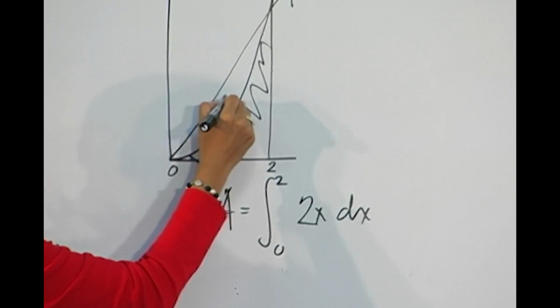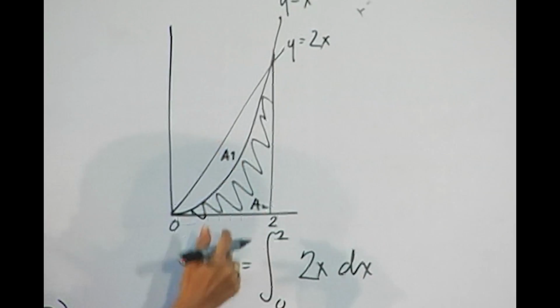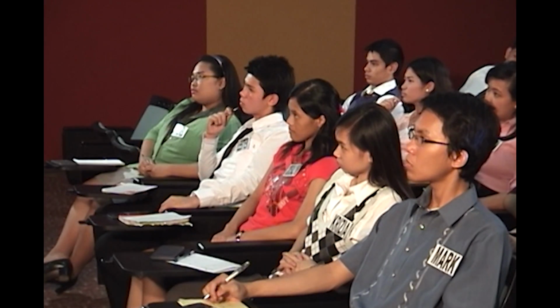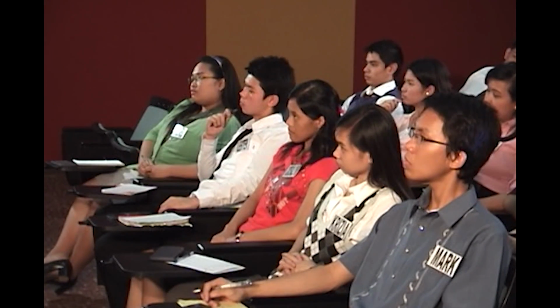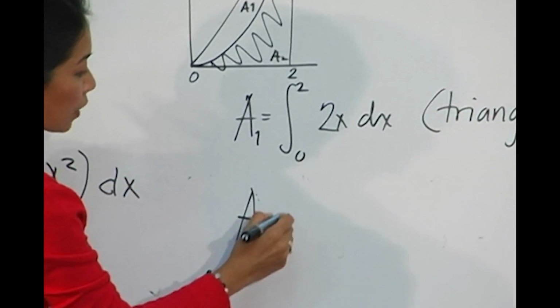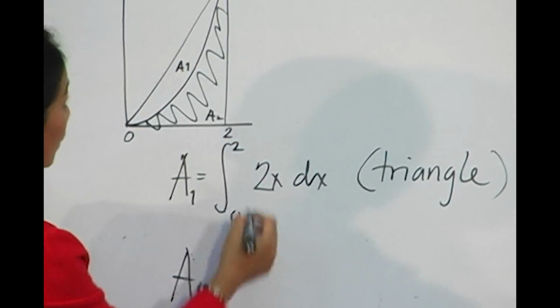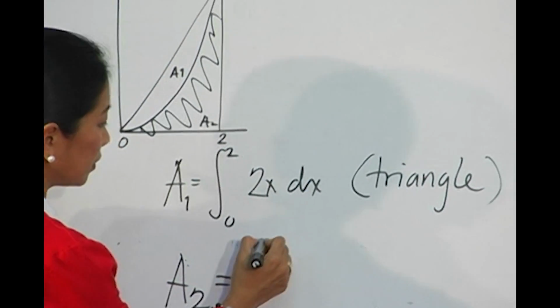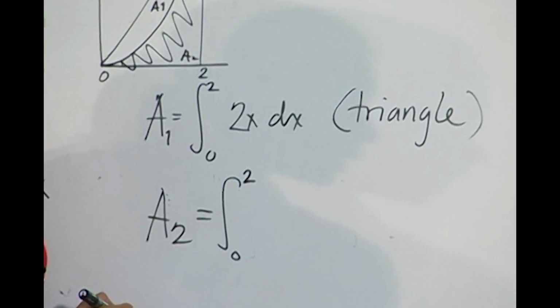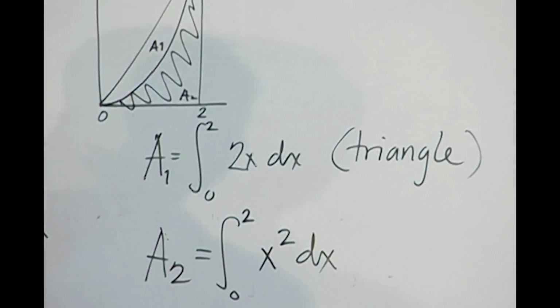If we're just going to get this region, say that is area 1, and this is area 2. Area 1 is the whole triangle. Second one, the area under a curve. Under the curve y equals x squared has the same lower and upper bounds. This now is x squared dx.